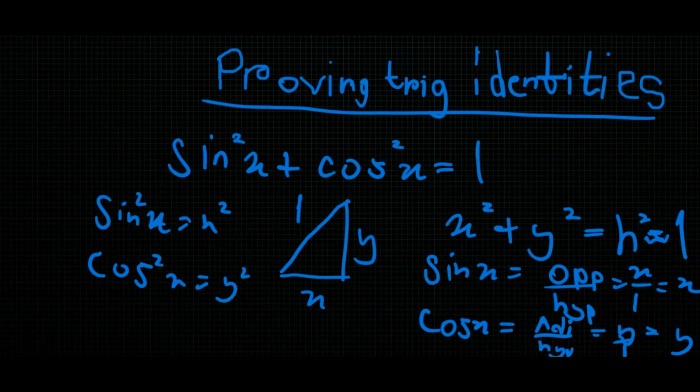Since sine squared x equals x squared, you can replace x squared with sine squared x. We can do the same thing for y, replacing y squared with cosine squared x. And that will give us the original equation, sine squared x plus cosine squared x equals 1.